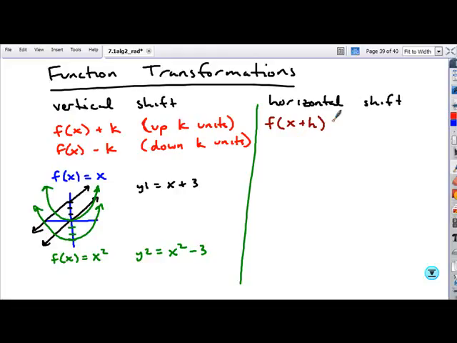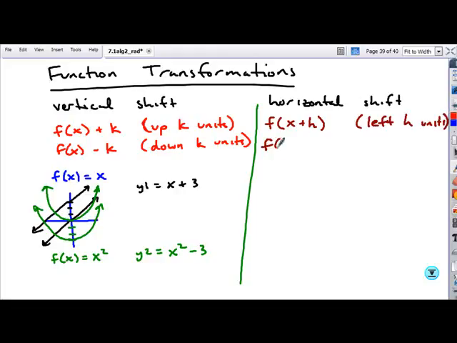Depending how you think of the rules, and I'll tell you what I do, this one, f of x plus h, winds up kind of shifting counterintuitive. To me, I always say the shift is whatever value of x would give you a 0 in here. So what value of x would give you a 0 in our parentheses here? Negative h, right? So is negative to the left or to the right? Left. So this one's going to shift to the left h units.